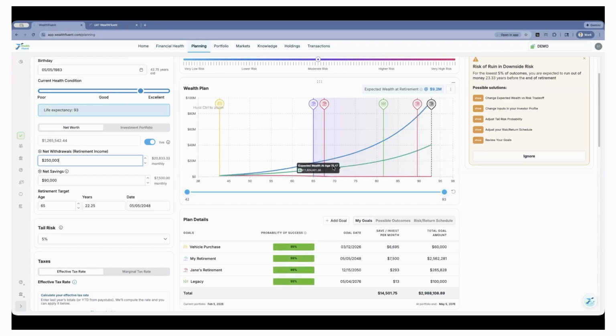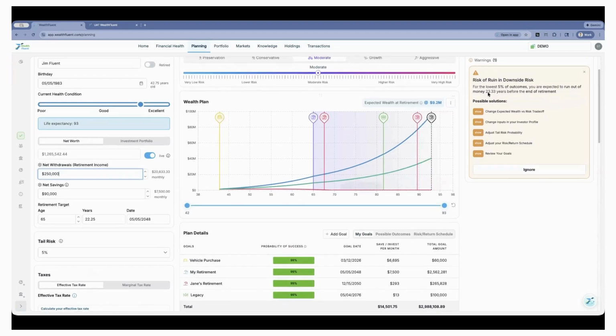And the lines you're seeing here are expected wealth, the upside potential, and the downside risk. So the analysis is always looking at, hey, do you have a risk of ruin? Do you have the possibility of running out of money years before the end of retirement, which is end of life? In this case, when we try to have $250,000 in income in retirement, we're going to be 23 years short.